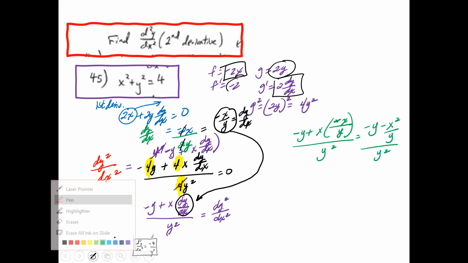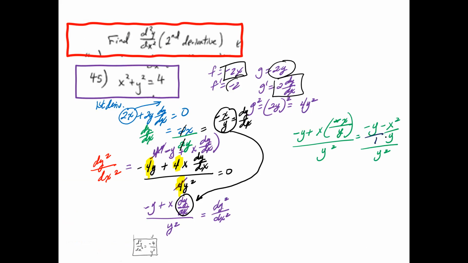And I don't like having a fraction within a fraction. So if I were to go ahead and make that a y and multiply this by a y, that way I have a negative y times y, which is a negative y squared, minus x squared over y. My common denominator is a y, then divided by y squared.